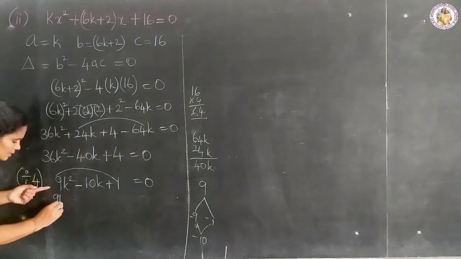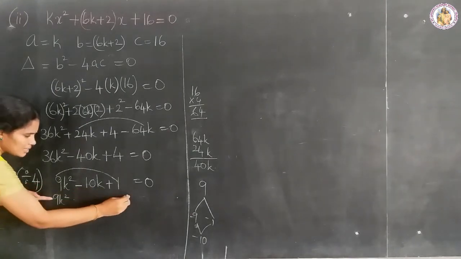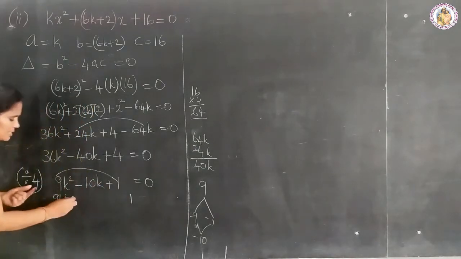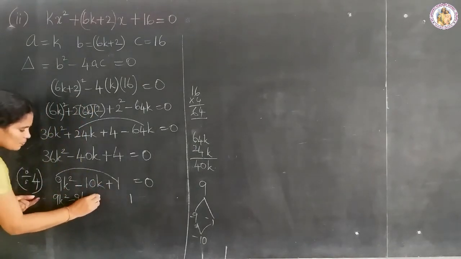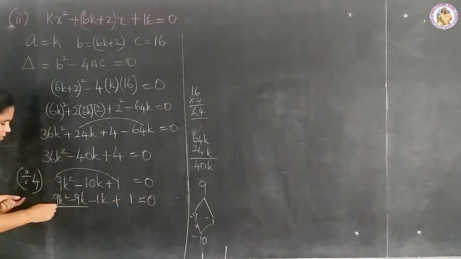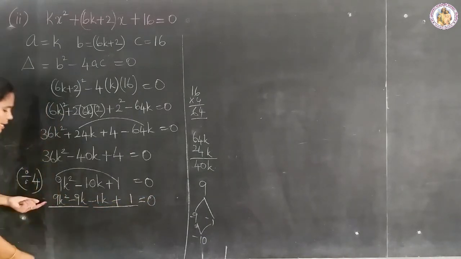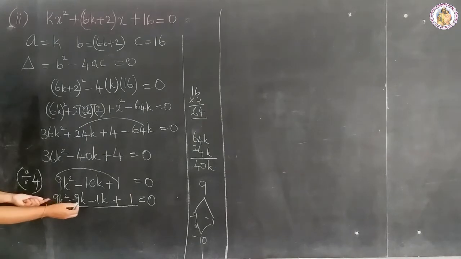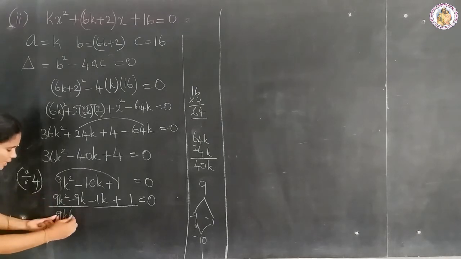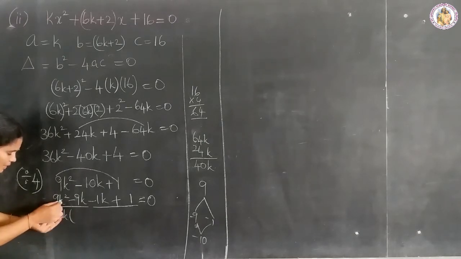Now write 9k square first term and the last term as is. In the place of 10k you must write minus 9k minus 1k plus 1 is equal to 0. Now split the term, first 2 and last 2. Here you can see 9k is common. Taking 9k outside the bracket, here we have k minus 1.